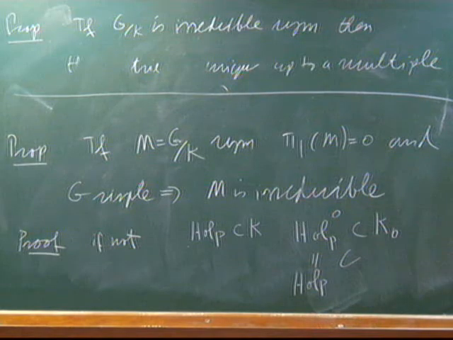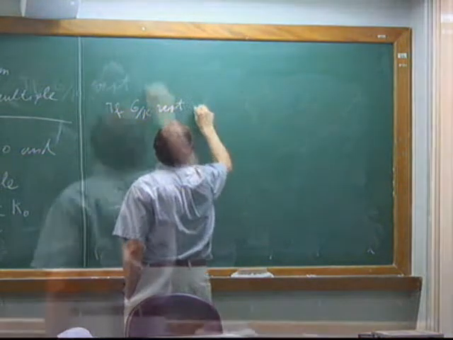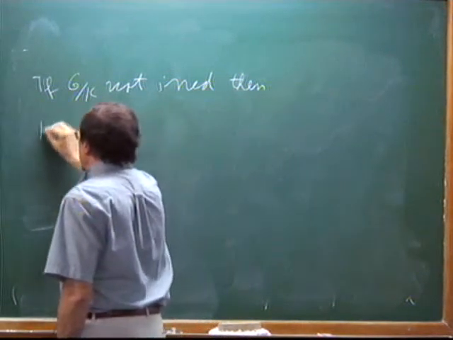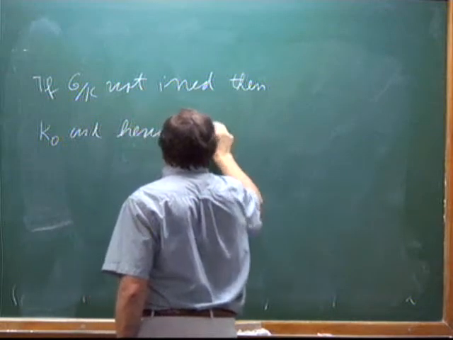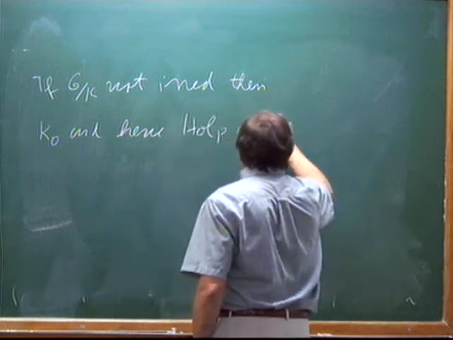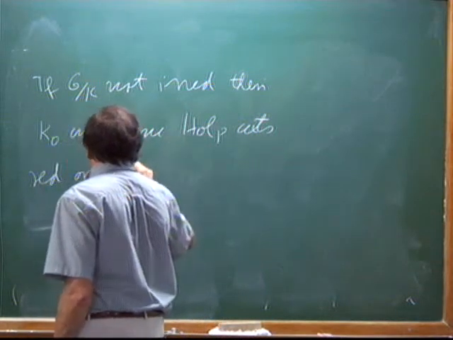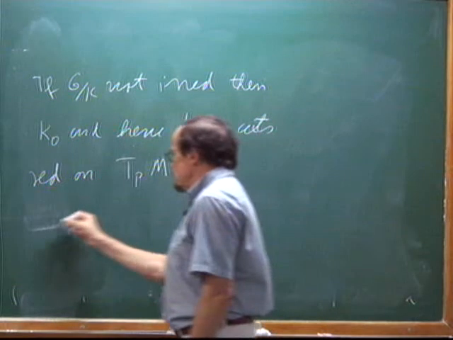If the manifold is not irreducible as a symmetric space, then K naught, and hence Hol P, acts reducibly on the tangent space at my base point, and then it splits.